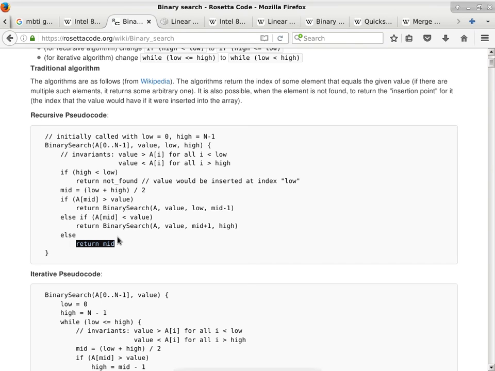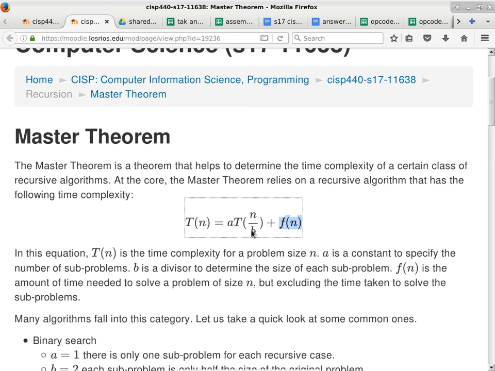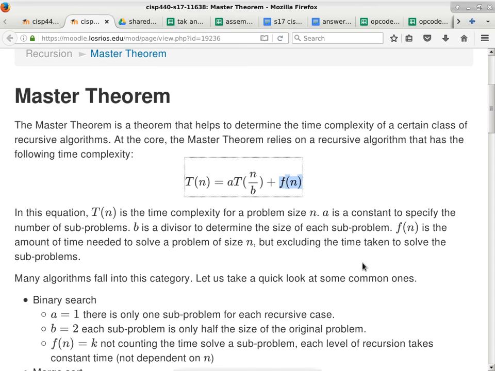Okay. So once we know those things, let's go back to the other tab here. There we go. So we know b is 2, we know a is 1, we know f of n is a constant function, which is big O of 1. So now knowing these things, we can use the master theorem and compute the actual time complexity of binary search.